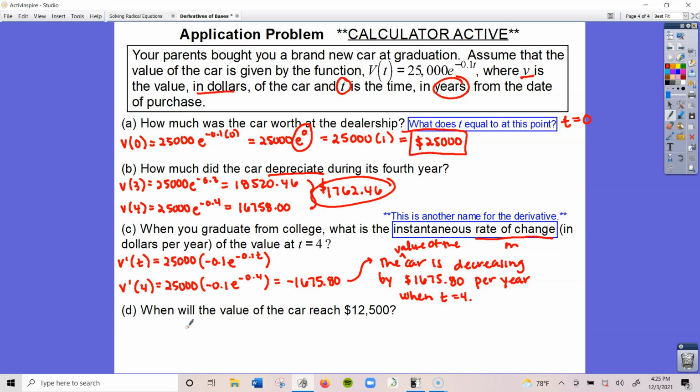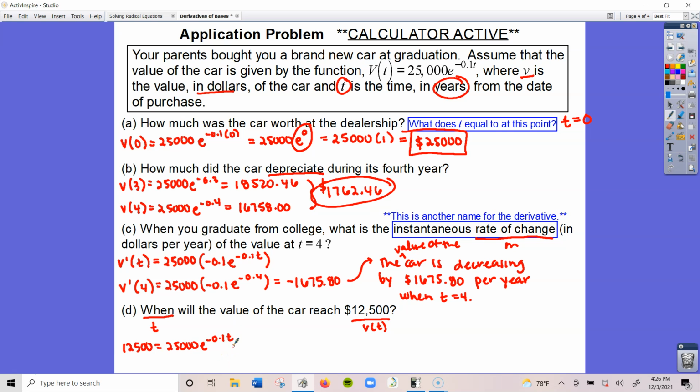The last question is, when will the value of the car reach $12,500? So in this case, we are solving for t. And this 12,500 is v of t, since that is the value of my car. So I'm going to go ahead and get my equation here and substitute v of t with 12,500. And that's going to equal 25,000 e raised to the negative 0.1t.